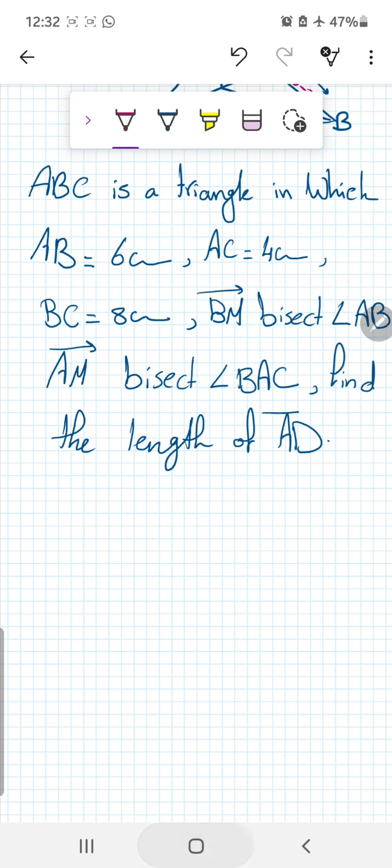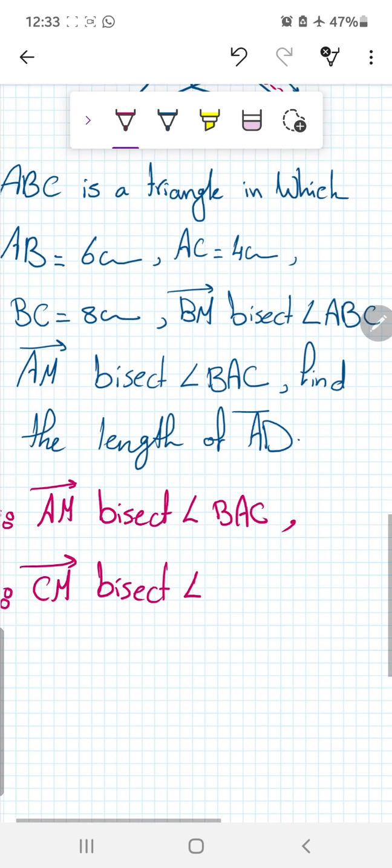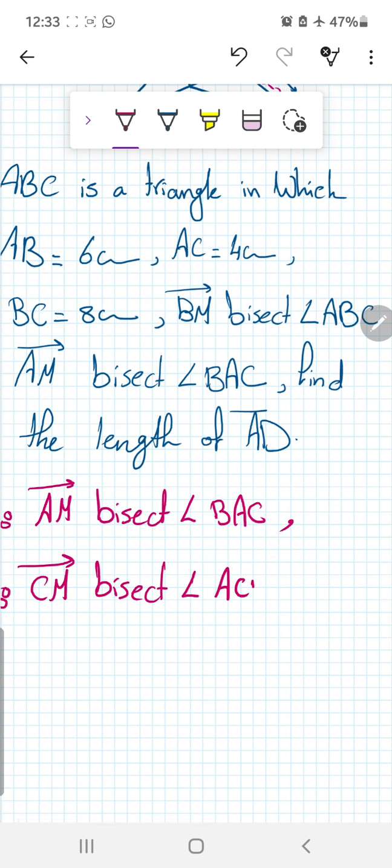Since AM bisects angle BAC, we get the ratio, and CM bisects angle ACB.